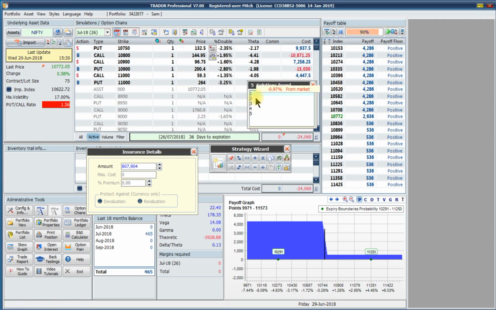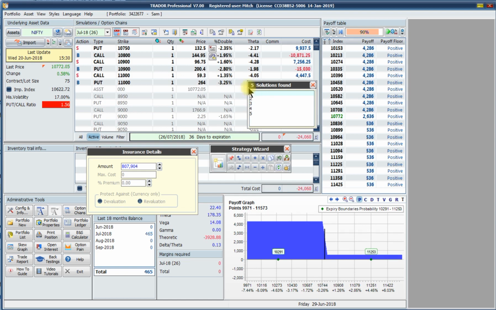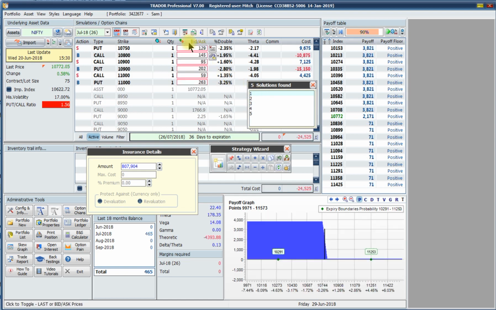Now I can see some good solutions with full asset holdings insurance. And they look good if I also test them with bid-ask market prices.